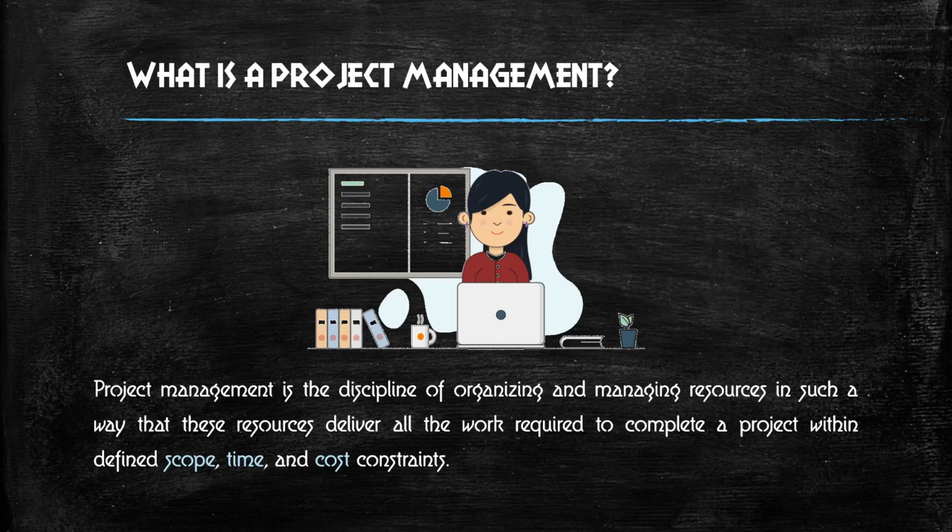Whereas a project is a one-time activity where you have to put a lot of effort in the planning phase so that things are executed well in the other phases. So in project management you organize and manage available resources so that you're able to manage within the scope, time, and cost, right? So this is all the introduction.